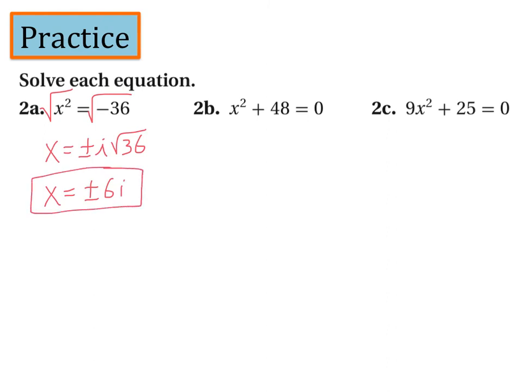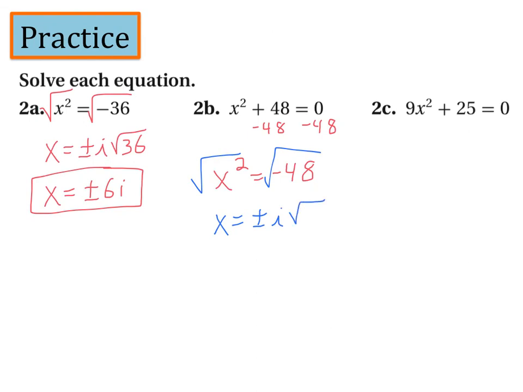Okay, for problem B, we want to get the x squared by itself, so we subtract 48 from both sides. When we do that, we're left with x squared equals negative 48. We want to get the x by itself, so we take the square root of both sides. Then we're going to get x equals plus or minus i root 48.